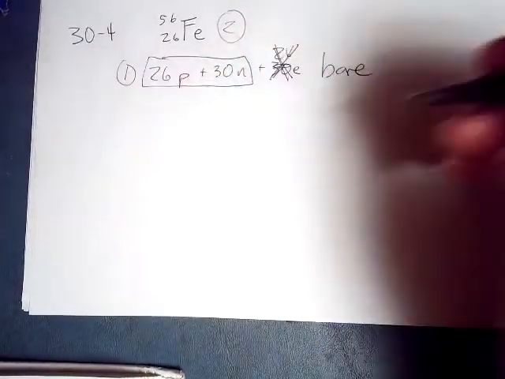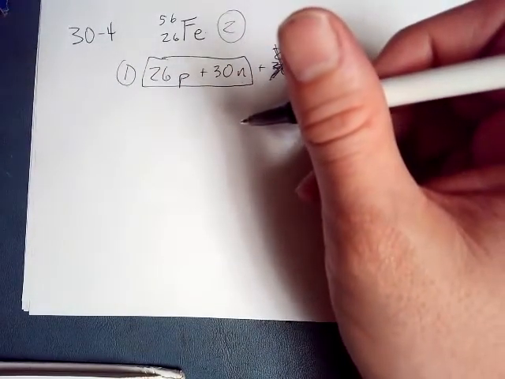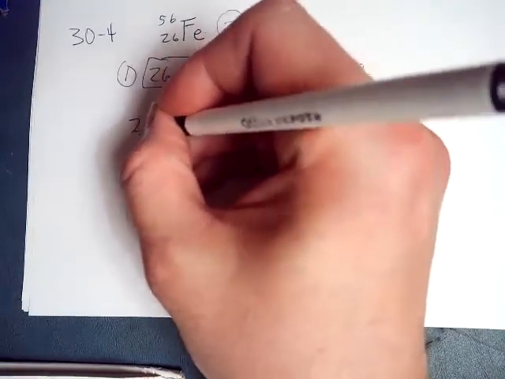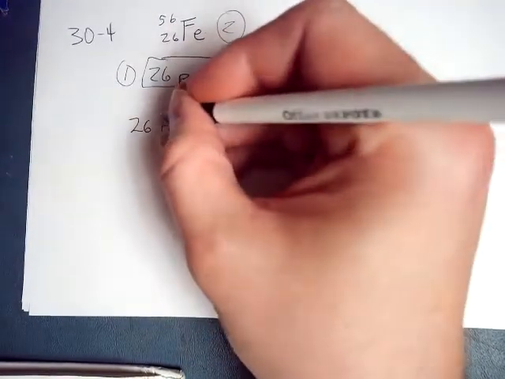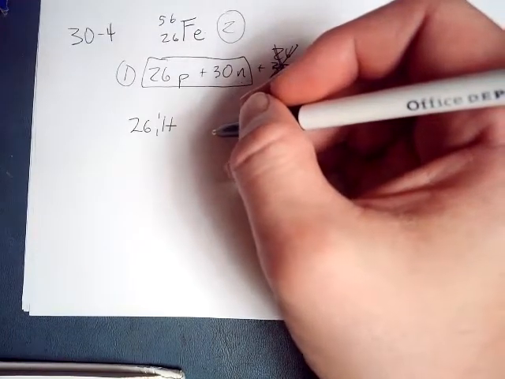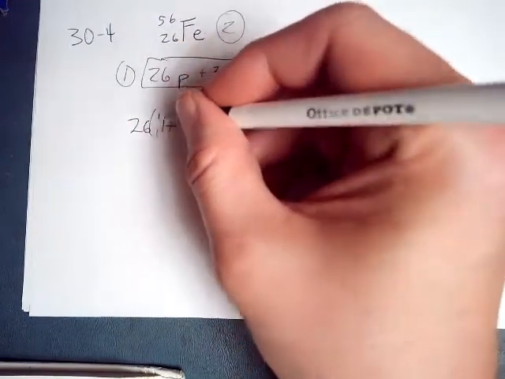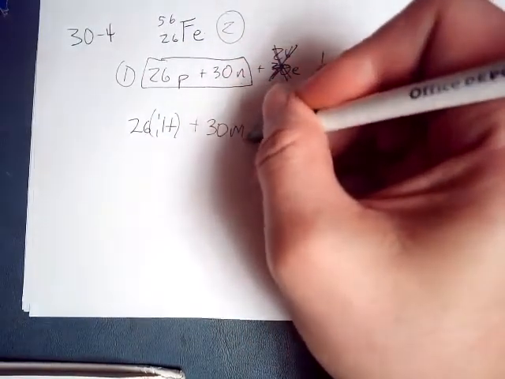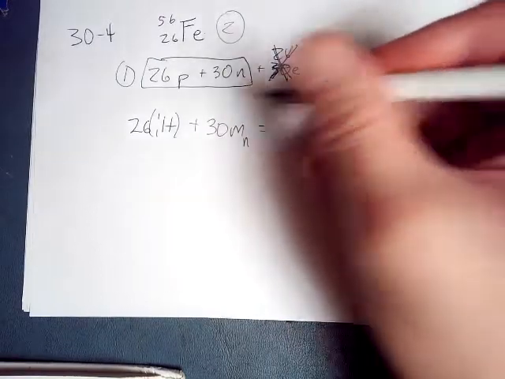Now the way we can do this, and the way the example does it, I'll just follow along, is it takes 26 times the mass of H11. I'm just going to put this like this. Plus 30 times the mass of a neutron, equals something.